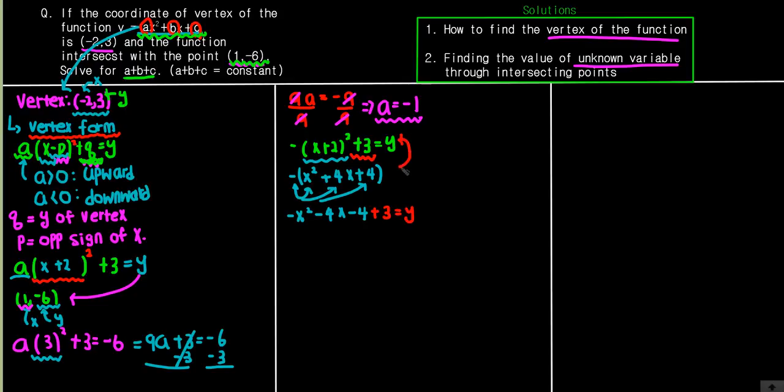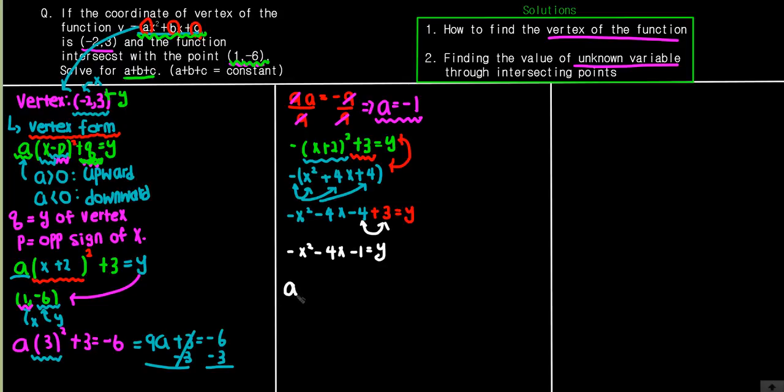And the step here is that we just extended our expressions in order to find the values of the missing terms. And here we can figure out that negative 4 plus 3 will just turn into negative 1, which if you write it, is negative x squared minus 4x plus negative 1. And that is equal to y.